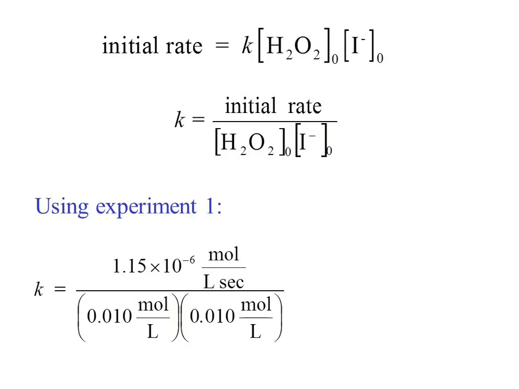And so unit-wise, let's make sure that this is going to work, or we'll see what units of K will be. Actually, do you guys buy this? This is the overall reaction order. What is the overall reaction order here? It's 1 + 1, or 2. So honestly, we should be looking at units of this over here.